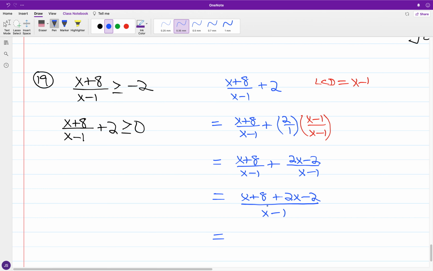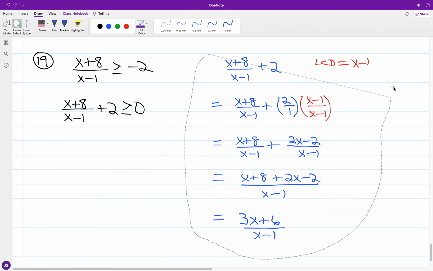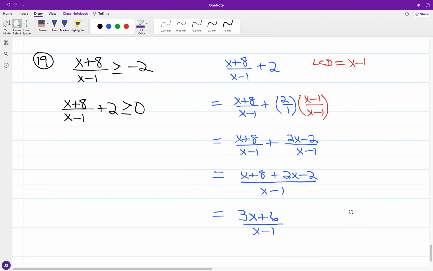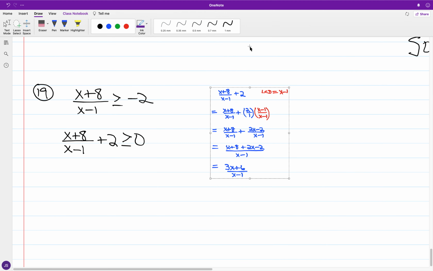And once I link together, you have x plus 2x becomes 3x. 8 minus 2 becomes positive 6, and so we'll have all over x minus 1. Now I'm going to finish with just the setup.